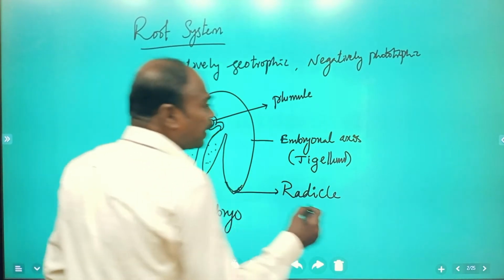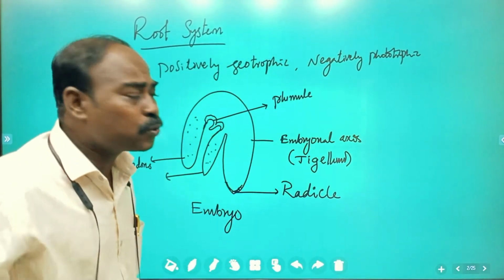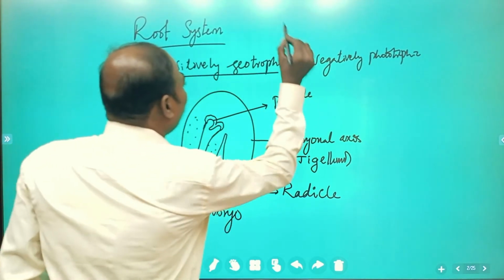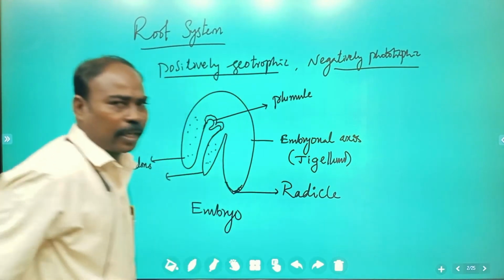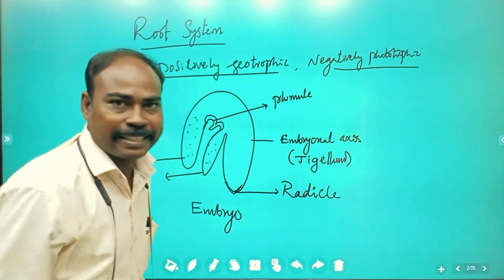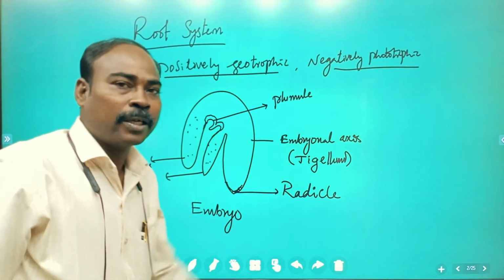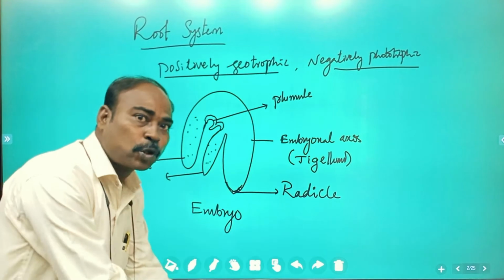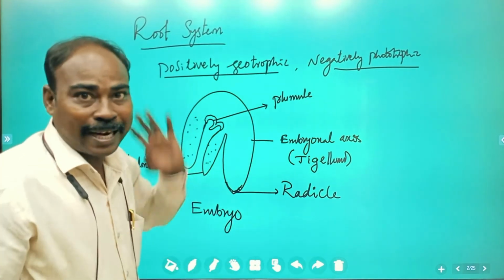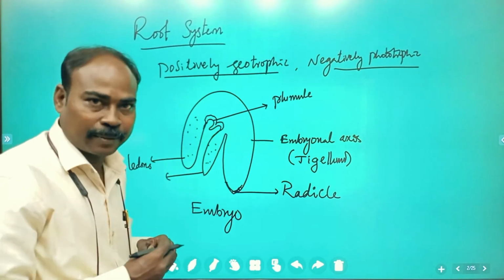So direct elongation of radicle gives the root system which grows positively geotropic towards soil and negatively phototropic, means opposite to light and positive to gravitational pull towards soil. The roots which develop towards soil in the flowering plants develop in two different manners.